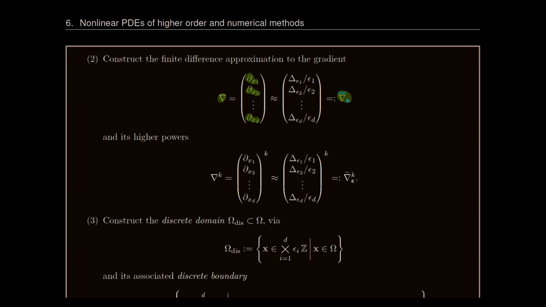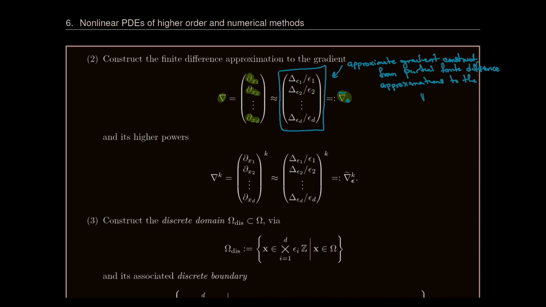So a tilde gradient sub the vector epsilon is really this approximate gradient that's constructed from partial finite difference approximations to the partial derivatives. There's a vector of approximations to the partial derivatives.